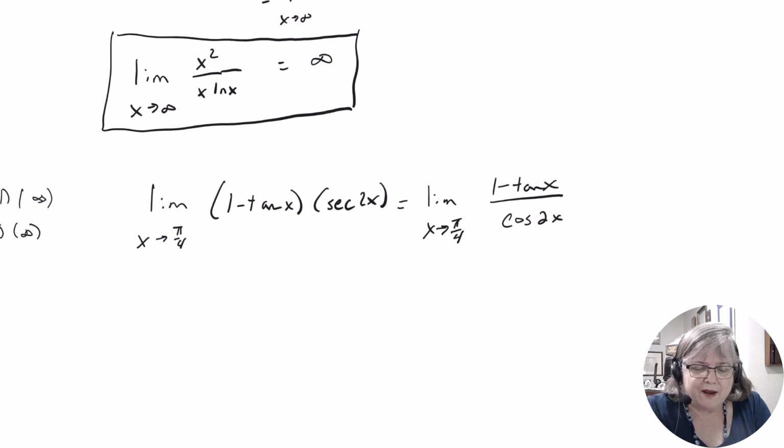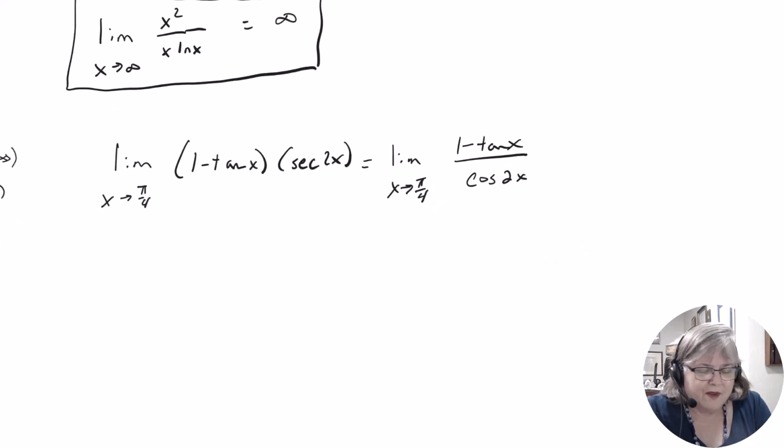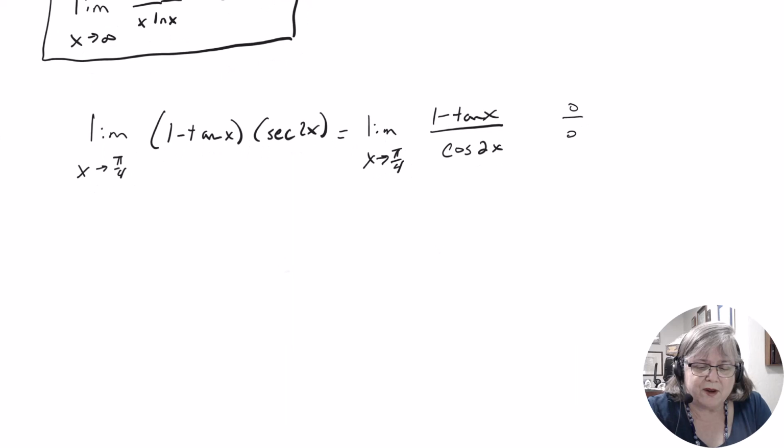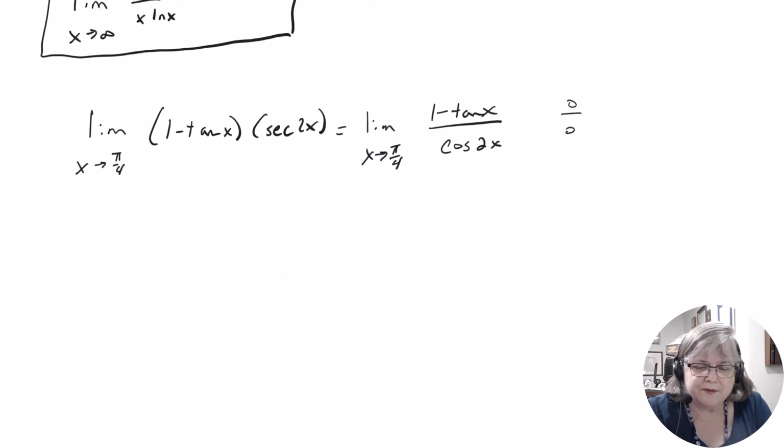So now I have the proper form, because 1 minus tangent x is 1 minus 1, which is 0, and cosine of 2 times pi over 4 is cosine of pi over 2, which is 0. So I've moved it from 0 times infinity to 0 over 0.